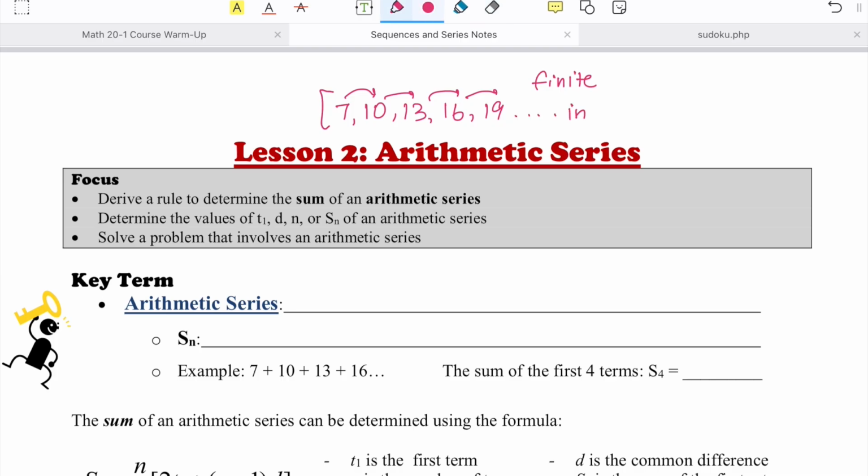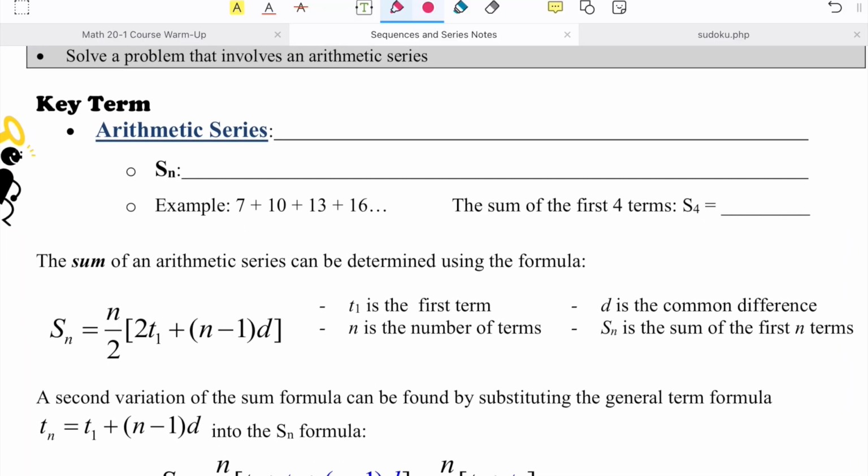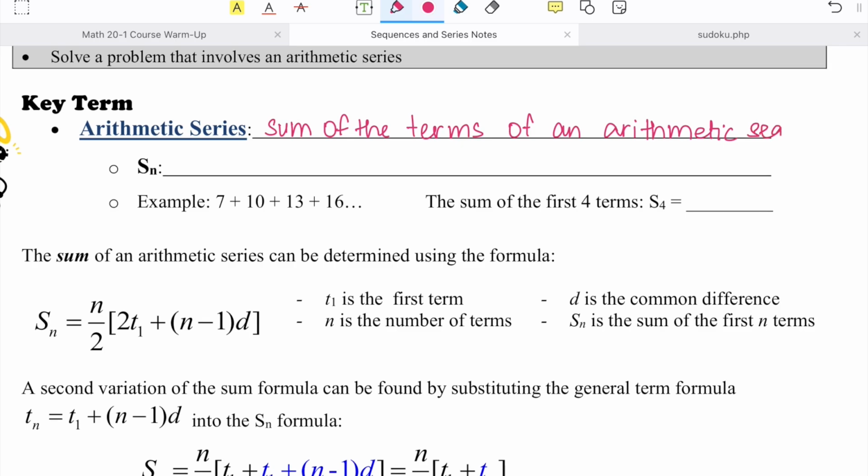Okay? Okay. So arithmetic series are the sum of the terms of an arithmetic sequence. An arithmetic sequence has a common difference and we denote it as d.